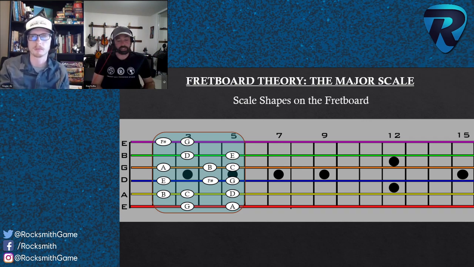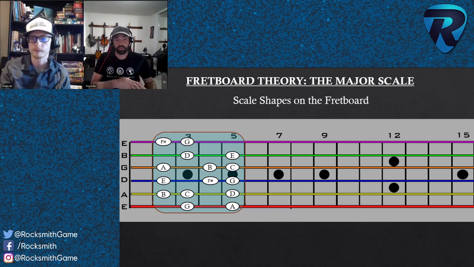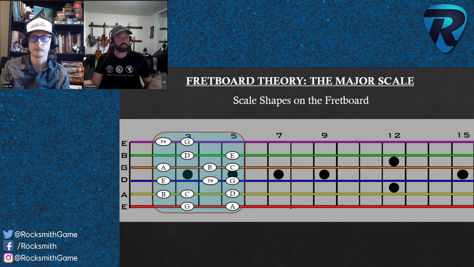Doesn't matter what string. It doesn't actually matter what fret you start on. As long as that whole half pattern is intact, you've got a major scale. There are other scales that use different patterns, but that is the essence of the major scale. And so, like you said, you could shift it up the neck, you could shift it down the neck. It's still going to work.